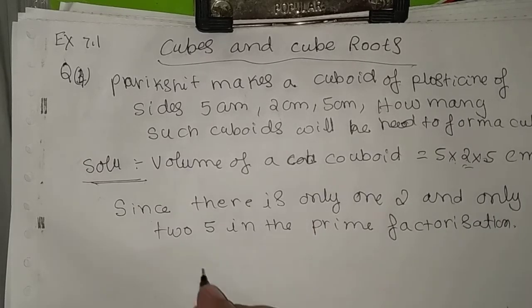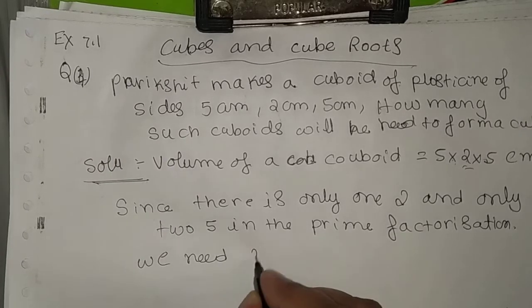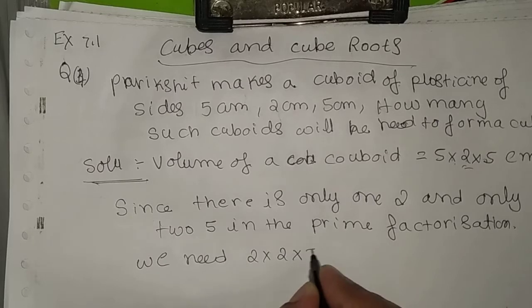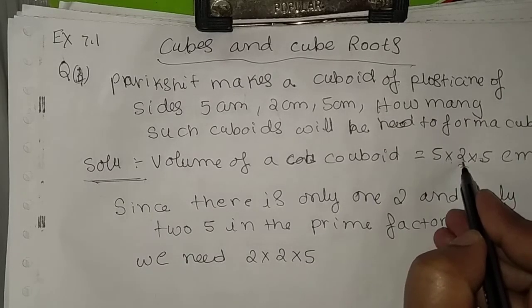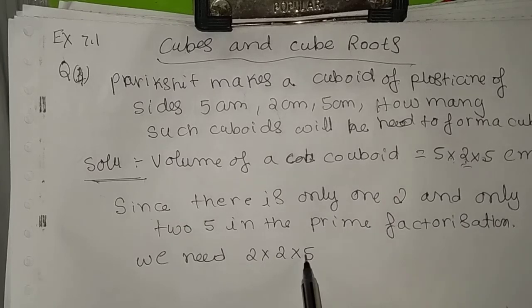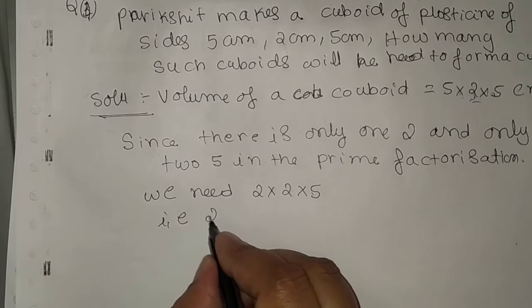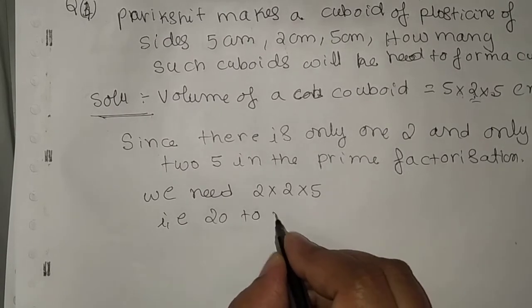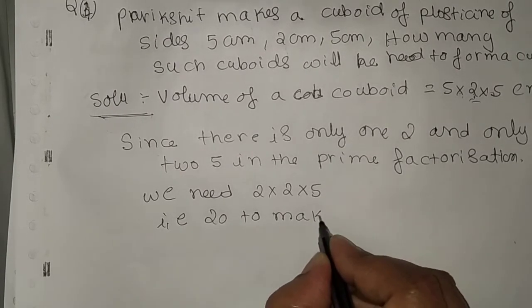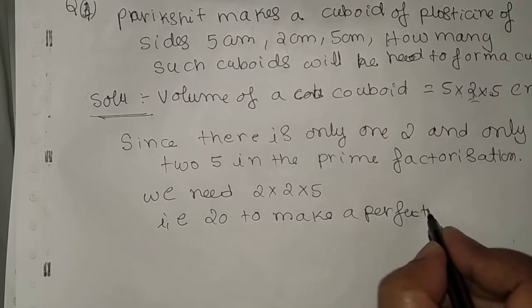So what do we need? We need 2 into 2 into 5, which means an extra 2 is needed and one 5 is needed. Multiply all this, we get 20. That is the next step: 20 to make a perfect cube.